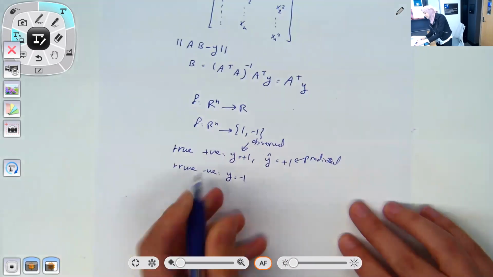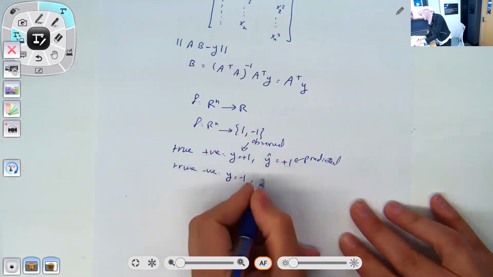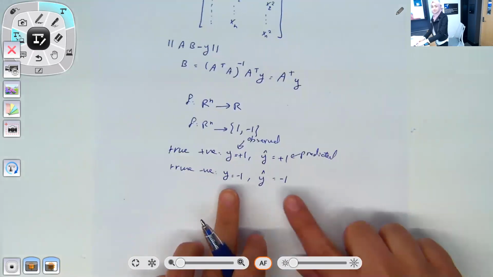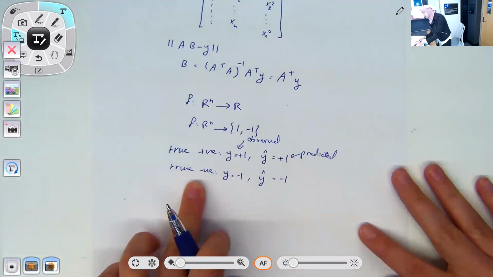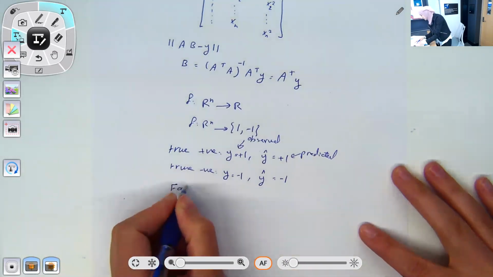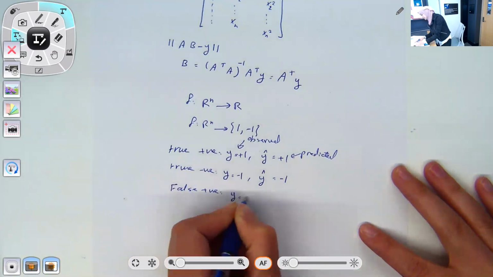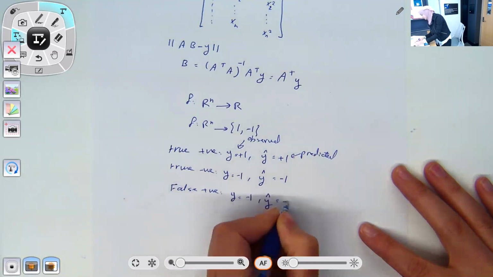If we have y equal -1, the observed value is negative and y hat also is negative. Here the predicted and the observed are the same, so we call it a true negative. We have the type which we call false positive, if the observed value is negative and the predicted one is positive.